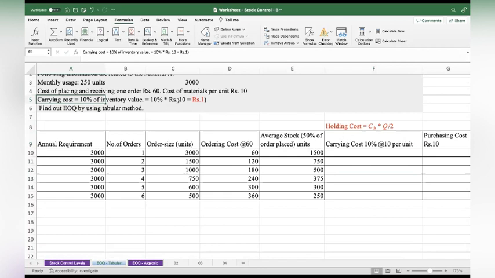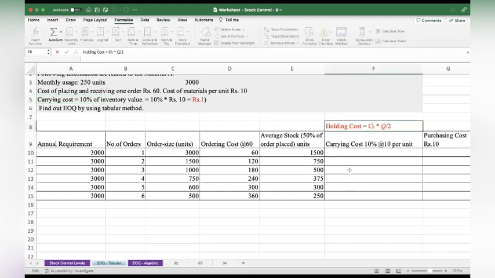Out of 10 rupees per unit, the carrying cost will be 10%. If we take 10% of 10 rupees, that will be 1 rupee. So CH will be 1 rupee per unit. Is it clear? So we found CH is 1 rupee.